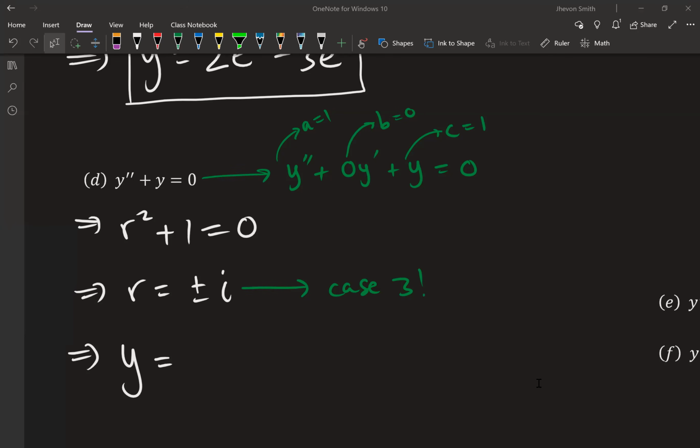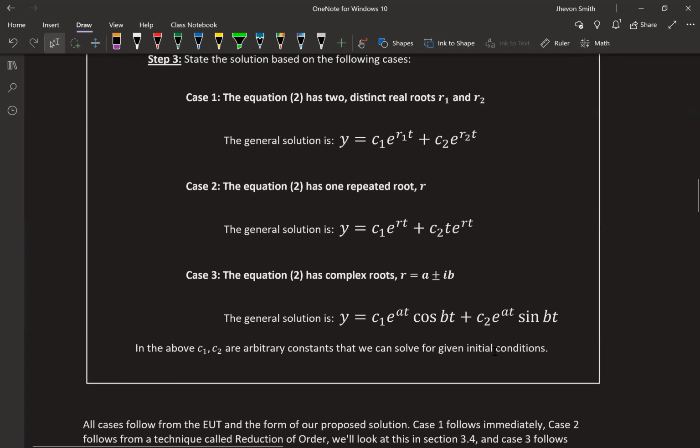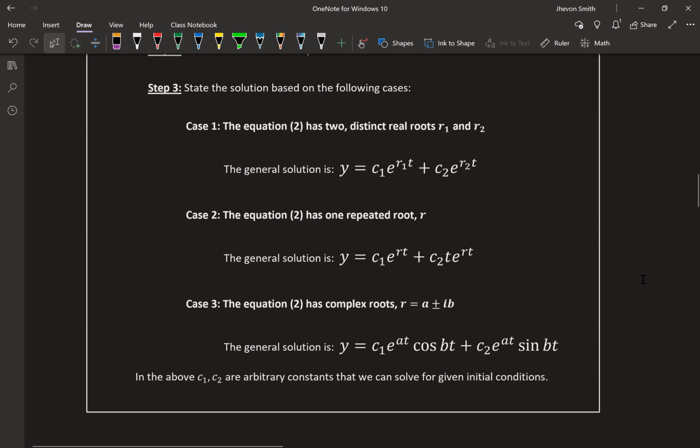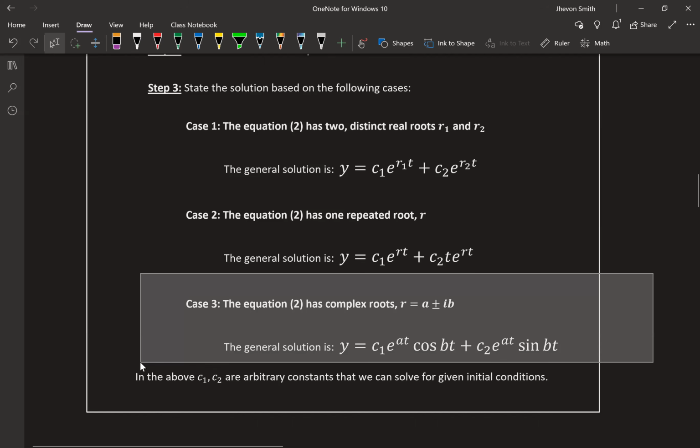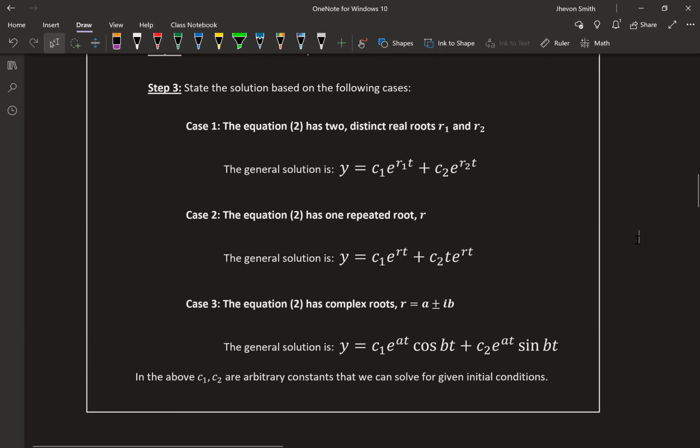I mean, did you guys look at it? Here's what we're looking at. We're in case 3, this case right here. If your r is a plus or minus ib, then the general solution looks like that. So if we know that our r is plus or minus i, based on this form, what does that look like?